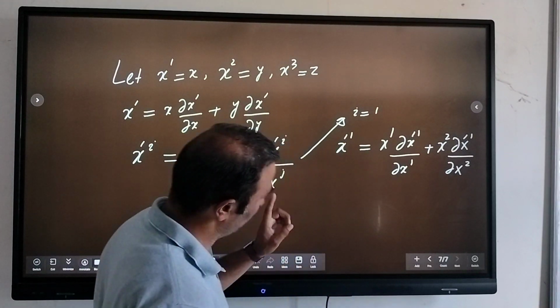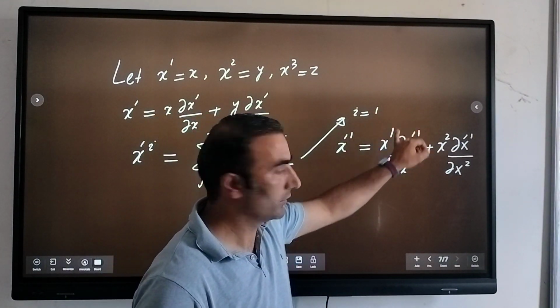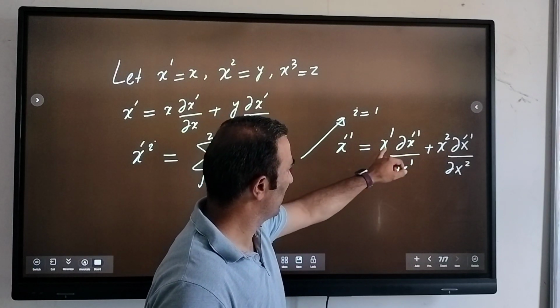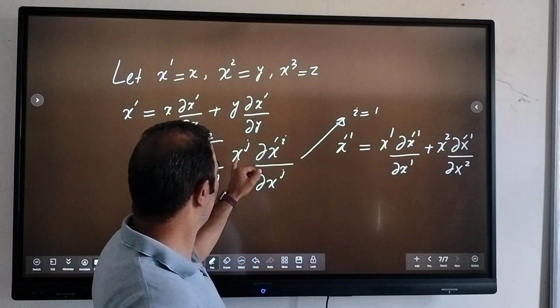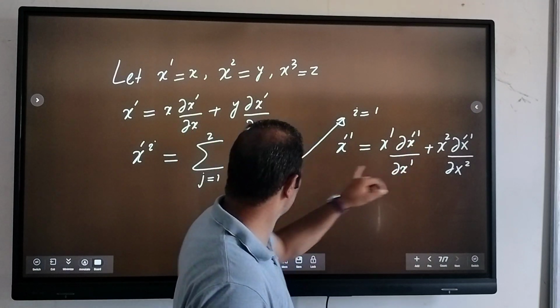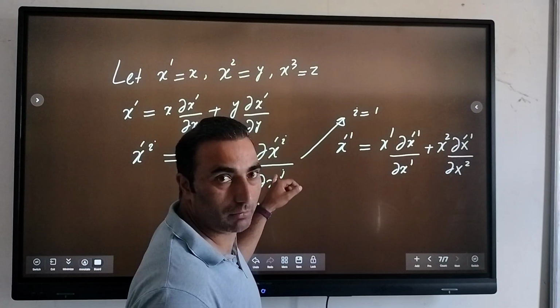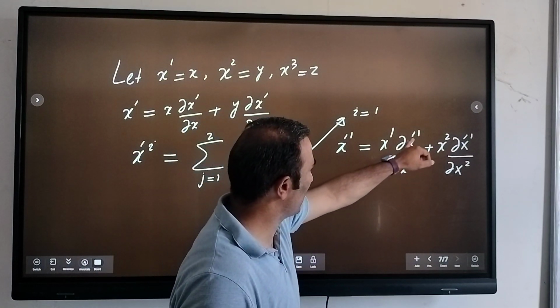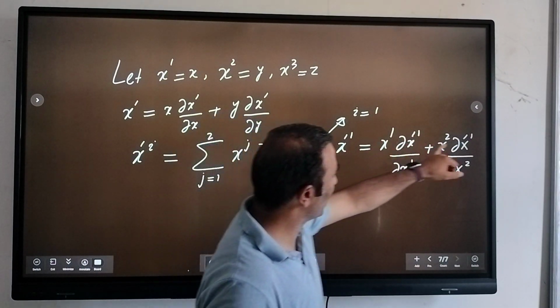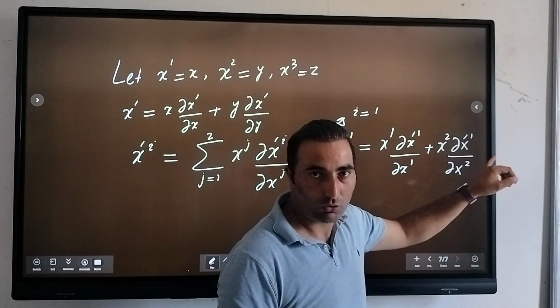So just check if I'm right. यहाँ पे i takes value 1, so x prime 1, equal to x1, because first j will take one value, so x1 partial x prime 1 by partial x. Initially the first value taken by this j is 1, so this x1 and x prime will be 1, and here it is again 1 because i is fixed, taking only i equal to 1 here.